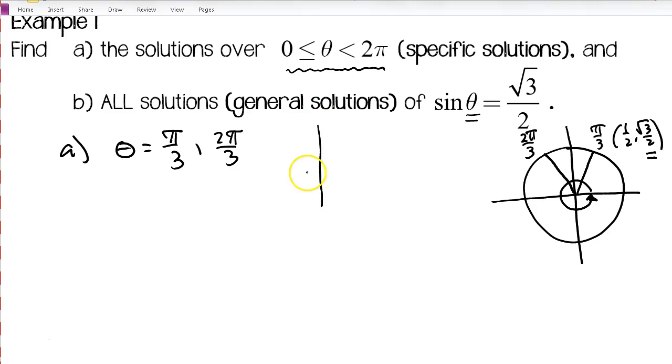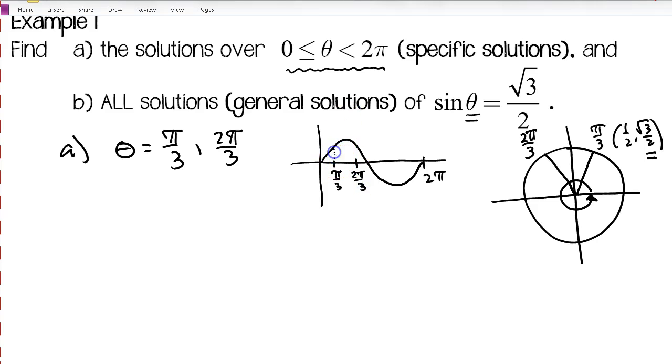Now if I look at this in terms of a graph, here's one period of the sine curve that corresponds to 0 to 2 pi, and pi over 3 would be somewhere around here, and 2 pi over 3 would be somewhere over here.